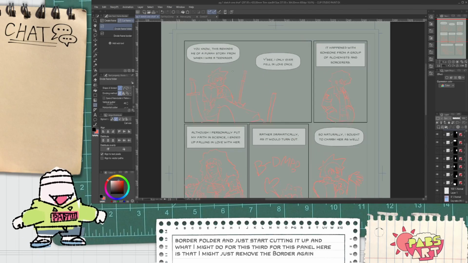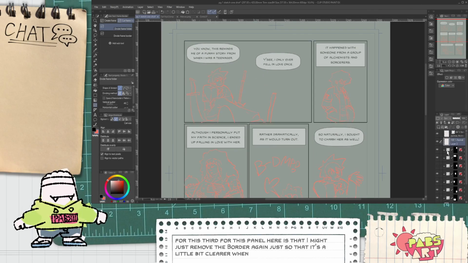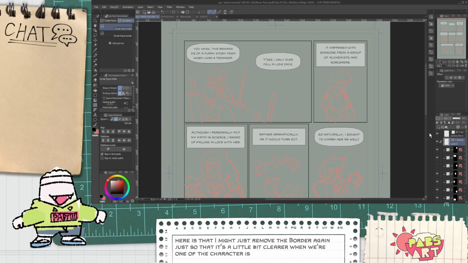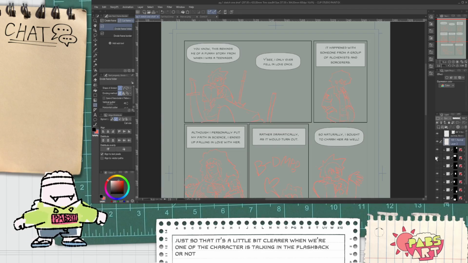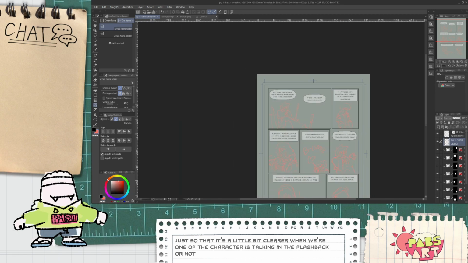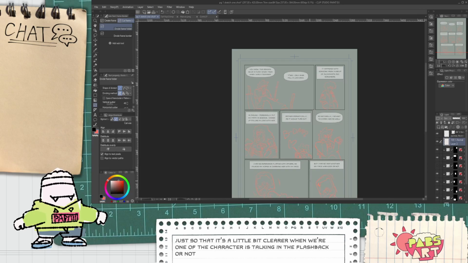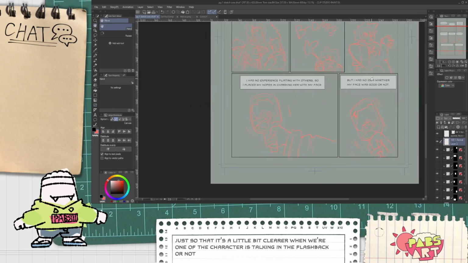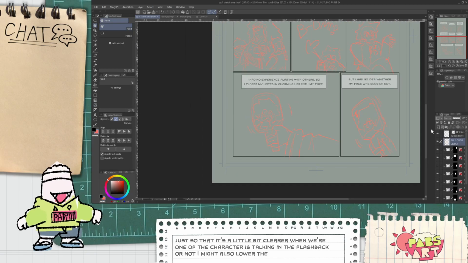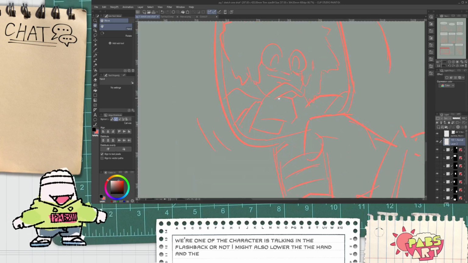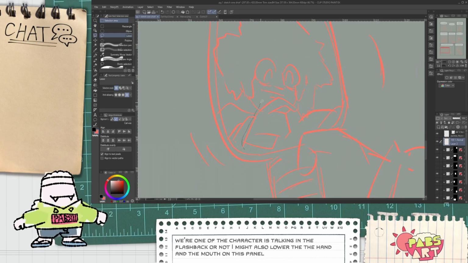Again, just so that it's a little bit clear when the character is talking in the flashback or not. I might also lower the hand and the mouth on this panel, and make them a little bit smaller.